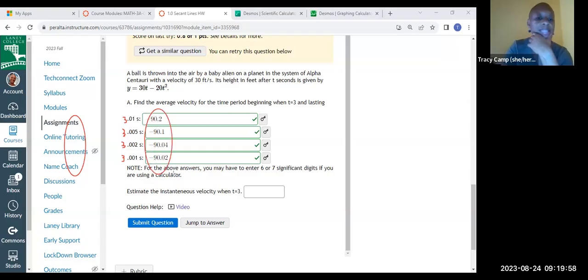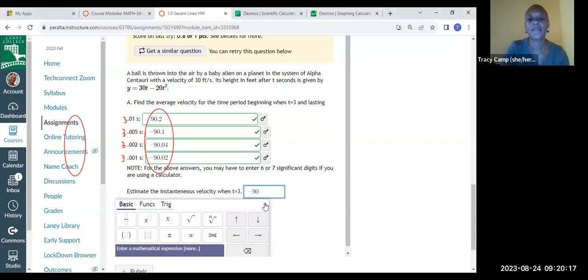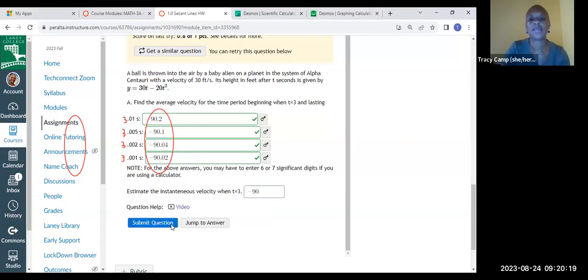And so what are these getting closer and closer to? It looks like these are getting closer and closer to negative 90 to me. We started at negative 90.2, then we get negative 90.1, which is even closer, and then negative 90.04, and then negative 90.02. Like these numbers, to me, they look like they're getting closer and closer to negative 90. And so that's my guess. And yay.